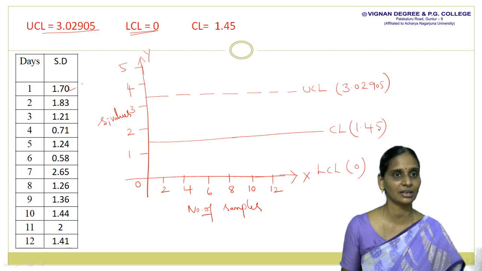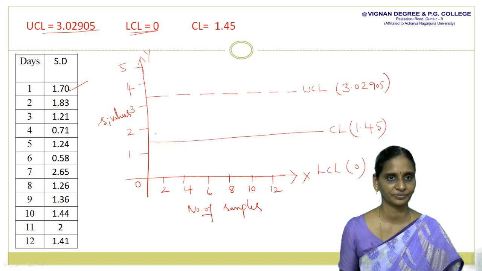In the first sample, the standard deviation is 1.70. The second value is 1.83. The third value is 1.21. The fourth value is 0.71. The fifth value is 1.24. The sixth value is 0.58.